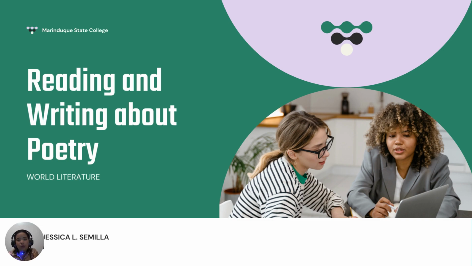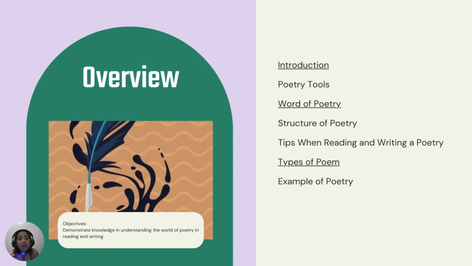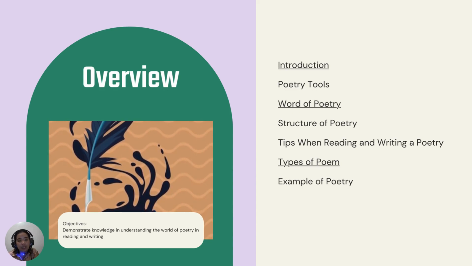So we'll be moving on now, everyone. Again, our topic for today is all about reading and writing about poetry. For the overview, we'll be dealing with the introduction about poetry, a review of the definition and nature of poetry, and then the poetry tools, the words of poetry, the structure of poetry, the tips when reading and writing poetry, the types of poem, and of course examples of poetry itself.